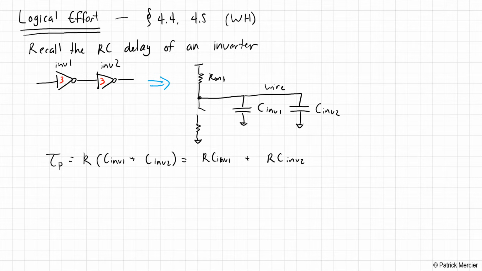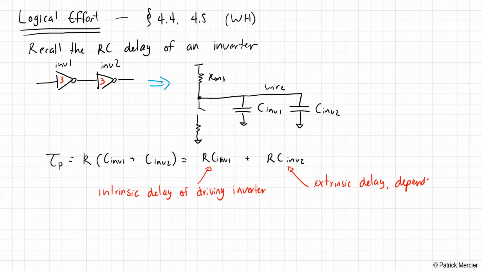Okay, so we're doing some very basic algebra here, but I'm just separating this to say that this is the intrinsic delay of the driving inverter. And this term here is the extrinsic delay, which depends on the load.